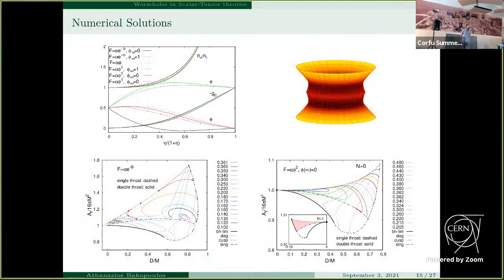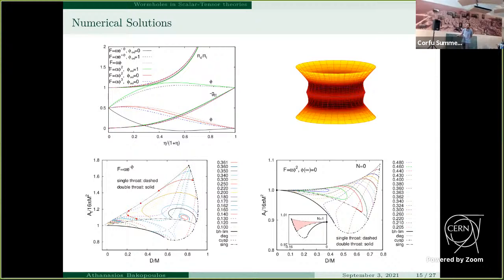In the first plot here, we have some solutions for exponential and polynomial coupling functions. In these two plots here, we have the domain of existence for the exponential and the quadratic coupling functions.